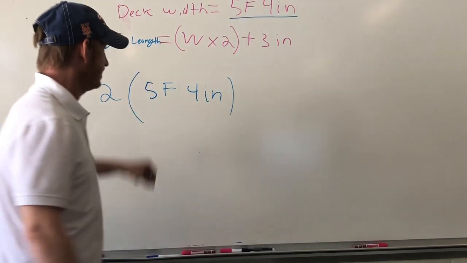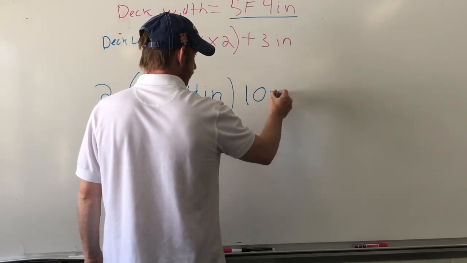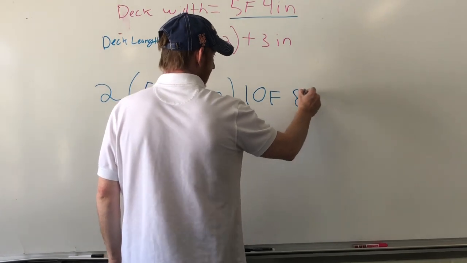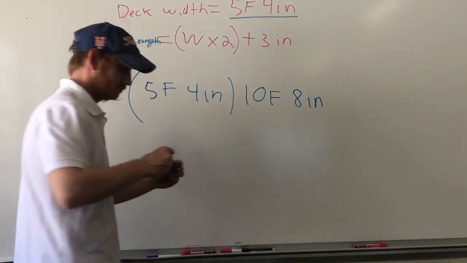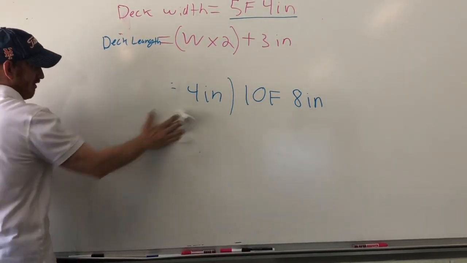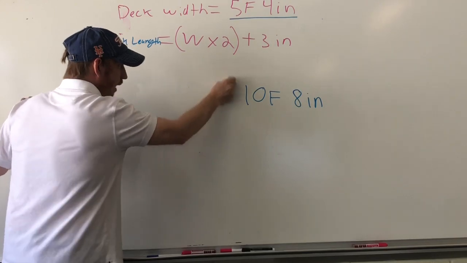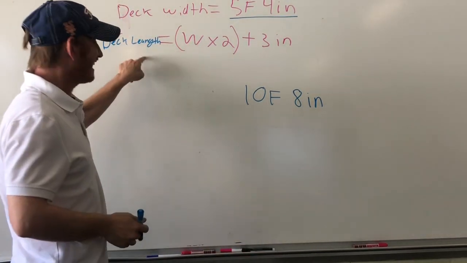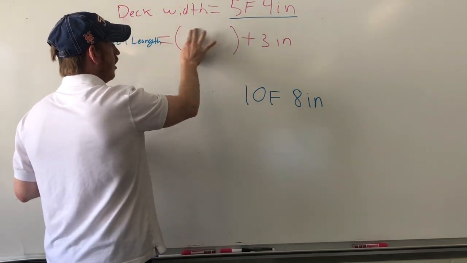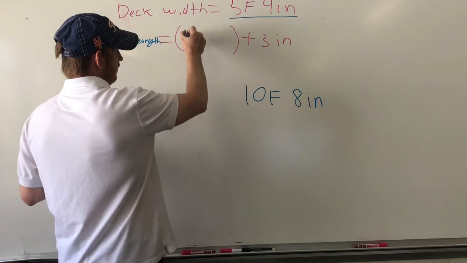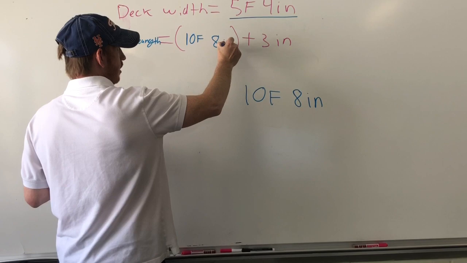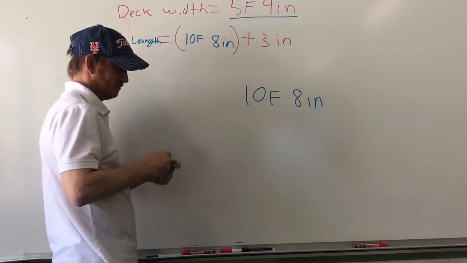2 times 5 is 10 feet, and 2 times 4 inches is 8 inches. So now I know I can simplify this even more. Now I have our deck length is 10 feet, 8 inches, plus 3 inches.